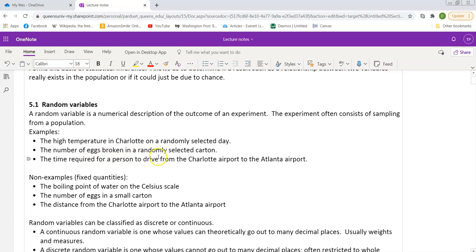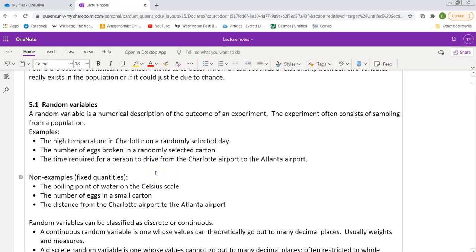The number of eggs broken in a randomly selected carton. So if I go to the grocery store, pick up a carton of eggs, and count the number of eggs in that are broken, that's going to be a random variable, because if I pick a different carton, I'm likely to get a different number of eggs broken, or at least I might.